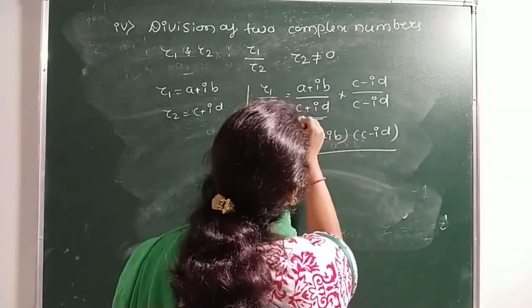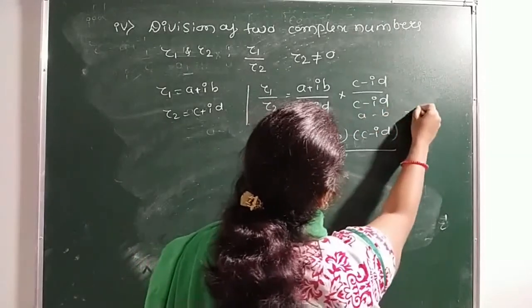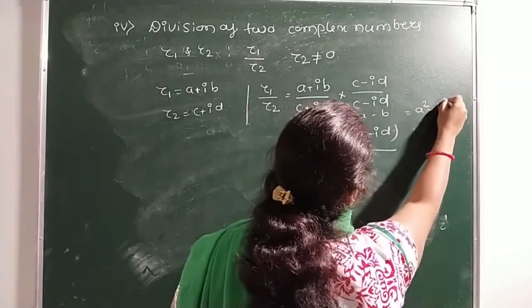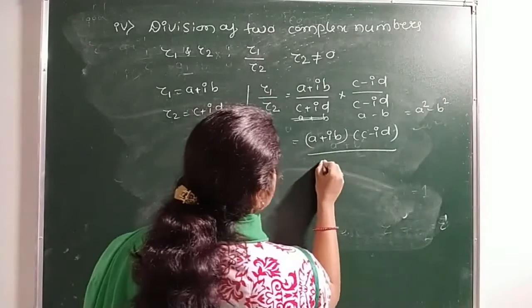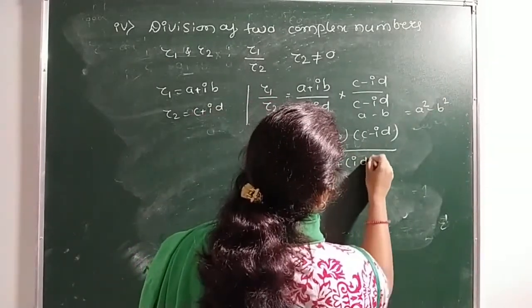Here again you get the a plus b and a minus b form, which becomes a square minus b square form, that is c square minus i d whole square.